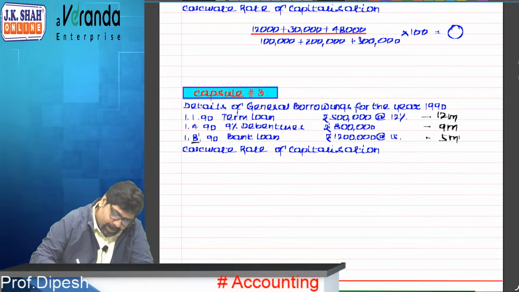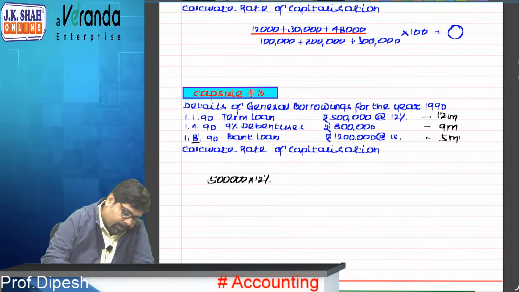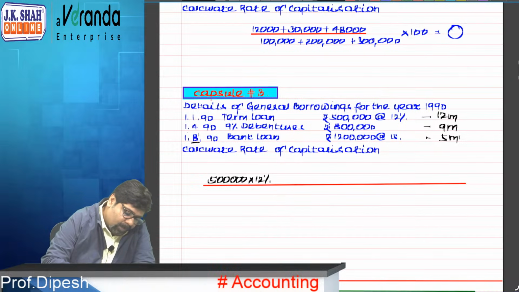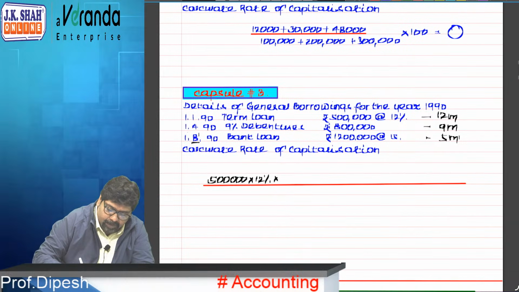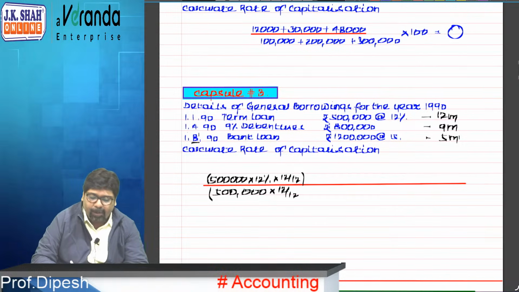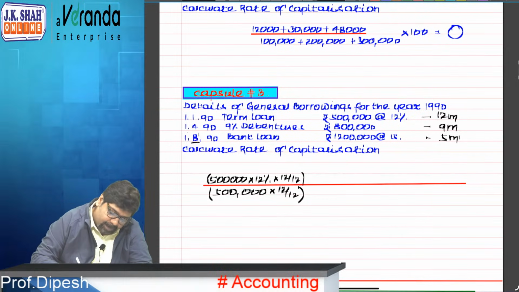So interest, how will I calculate? 5 lakhs into 12%, into 12 by 12. Either 5 lakh into 12 by 12, because the loan was used for full 12 months.